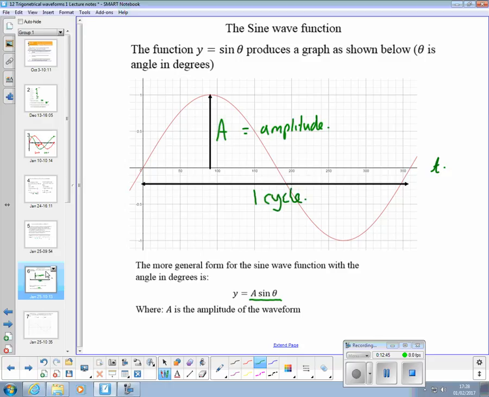With your angles in degrees, you go through one cycle in 360 degrees, if that's just a plain sine on that angle. We're going to look at something else in a minute. Everybody happy with that and understand that?